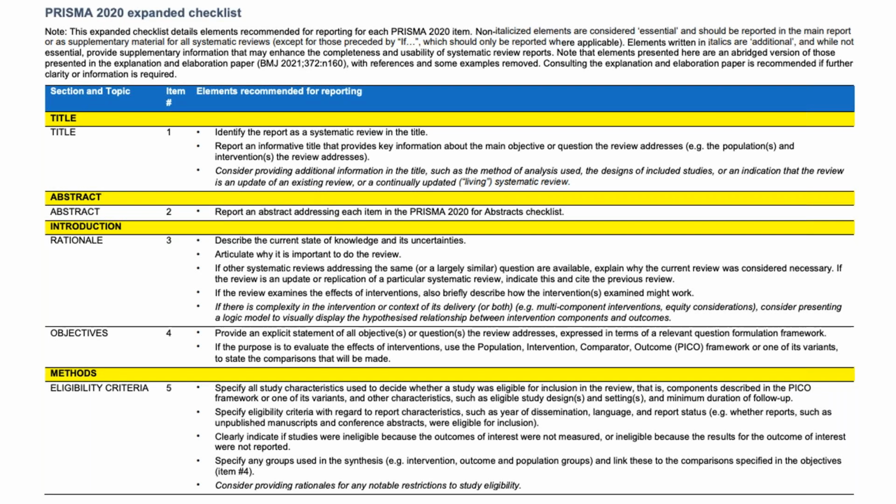Not everyone will search trials registers as well as searching grey literature and using automation tools to facilitate the screening process. So with this expanded checklist, we've provided guidance on what to do if you have actually used those methods, but you can easily skip over them if they are not applicable to your review.